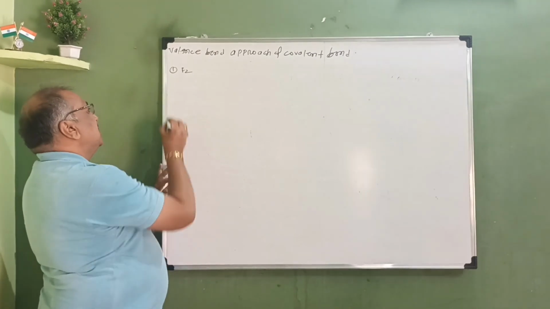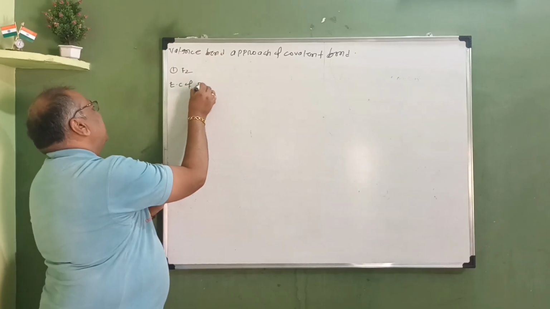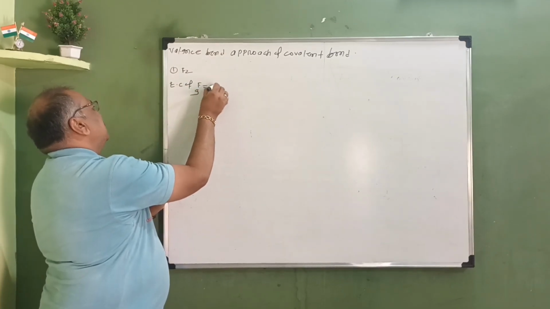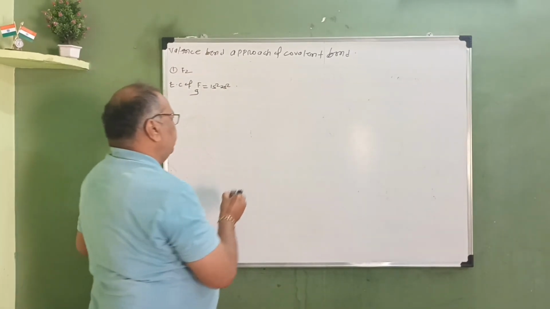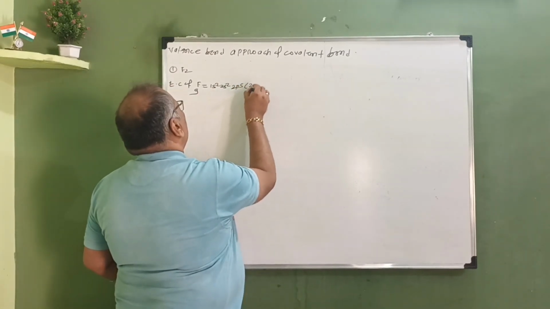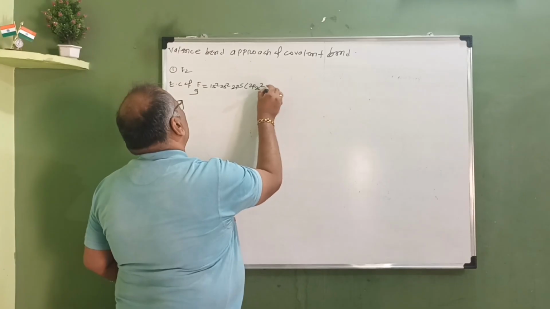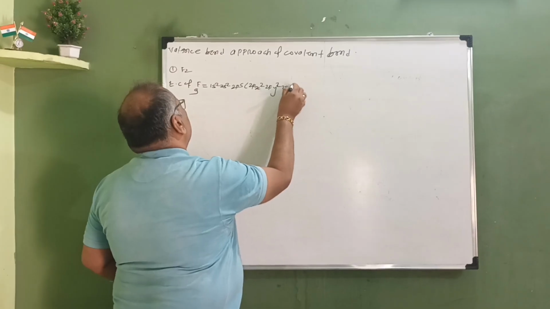The electronic configuration of F is 1s2, 2s2, 2p5, that means 2px2, 2py2 and 2pz1.